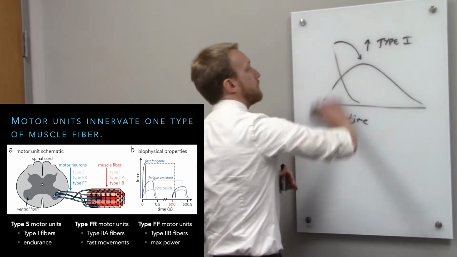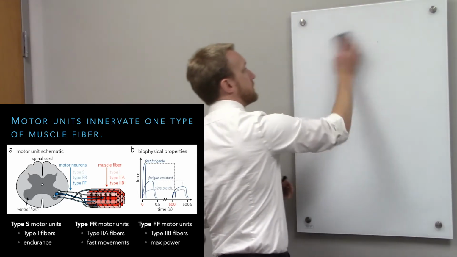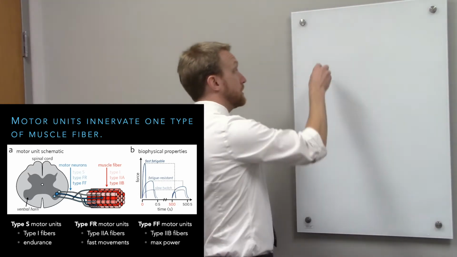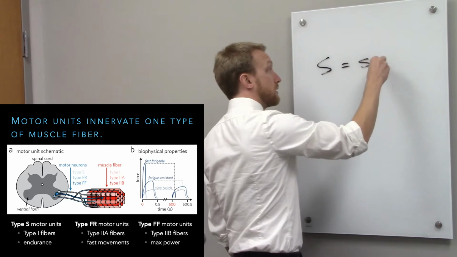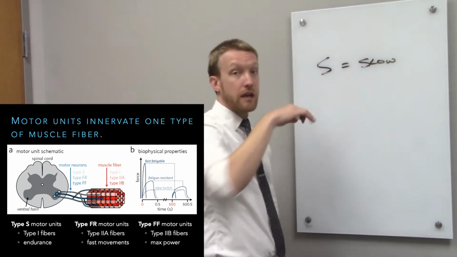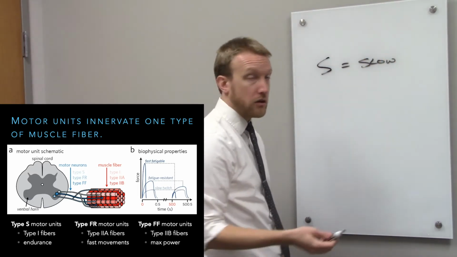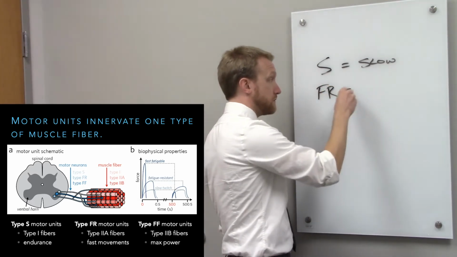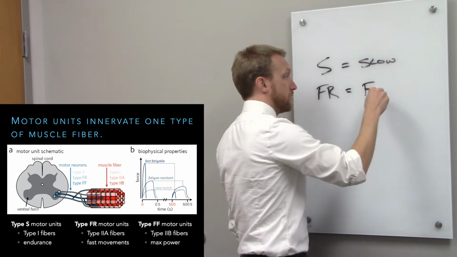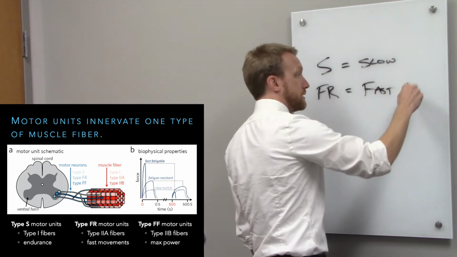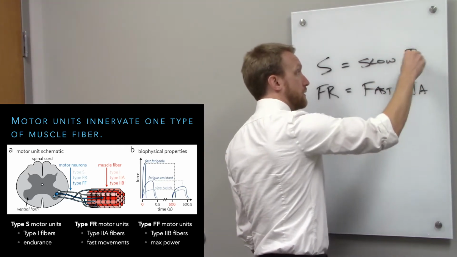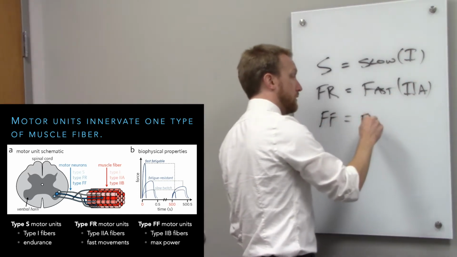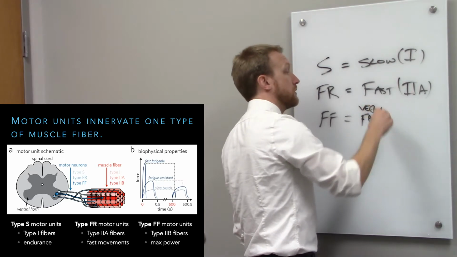But instead of being type 1, type 2A, and type 2B, we call them names that I think make a little more sense. Type S, slow twitch. You can't fatigue these things. These will work basically all day. Fatigue resistant. These are those fast but fatigue resistant, so type 2A. And then fast fatigable, again, I guess very fast, I suppose.